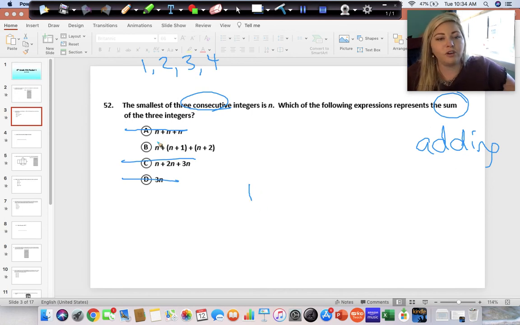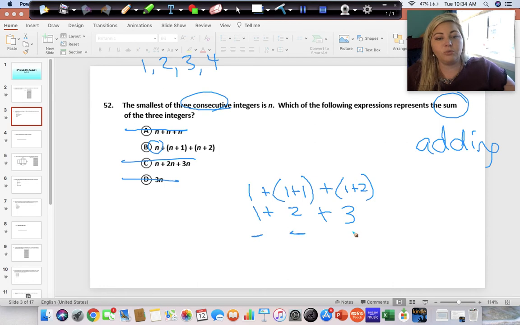So for this first one, we have n, and then we have n plus 1, which is 2. And then for our last one, we have n plus 2, which is 1 plus 2, which is 3. So you see we have 1, 2, 3. They are consecutive, and we are adding them together, which is our sum. So our answer here is B.